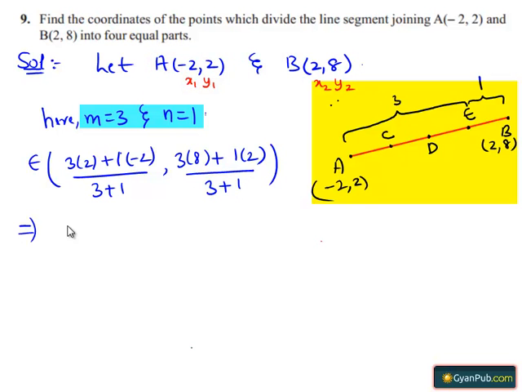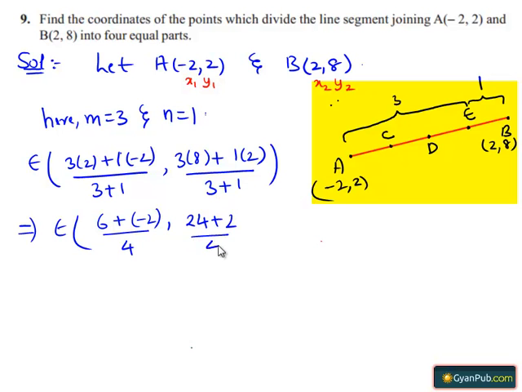This implies the coordinates of E will be 3 times 2 is 6 plus 1 times -2 is -2, whole divided by 3 plus 1 is 4, and 3 times 8 is 24 plus 1 times 2 is 2, whole divided by 3 plus 1 is 4. That equals 6 plus -2 is 4 whole divided by 4, and 24 plus 2 is 26 whole divided by 4.